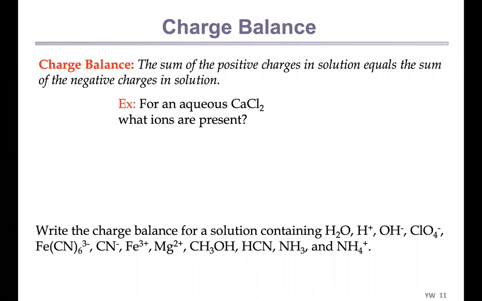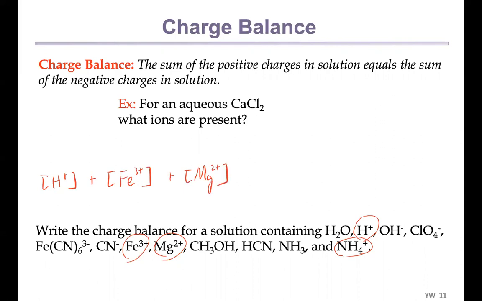Where are all the cations? We have hydronium ion, we have iron 3, we have magnesium 2, and we have ammonium here, right? So on one side, I have hydronium ion, iron 3, magnesium 2, and NH4+.